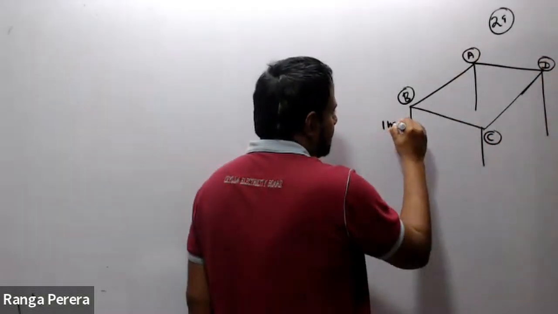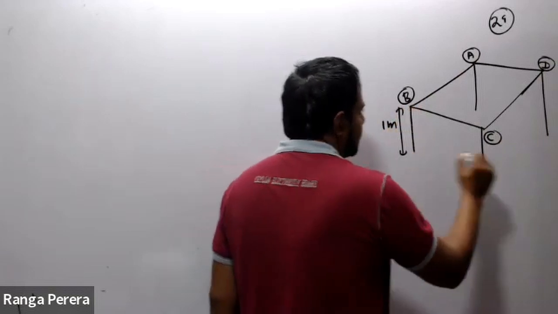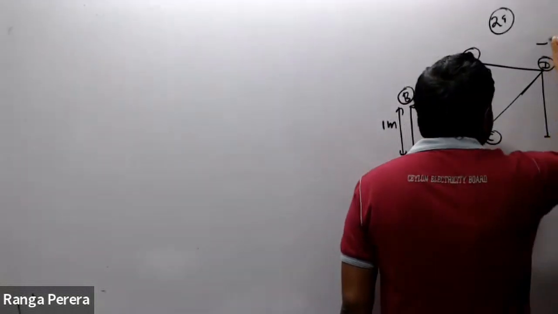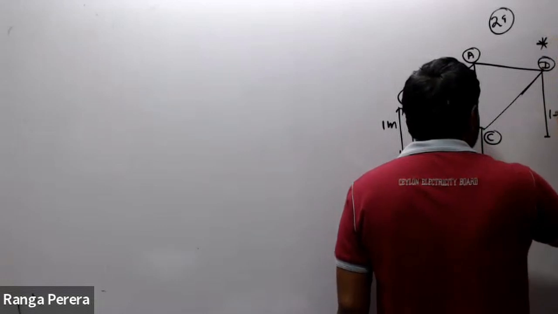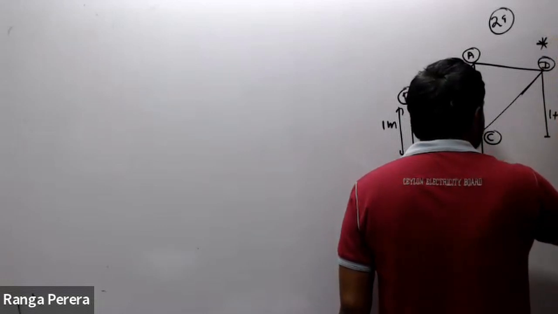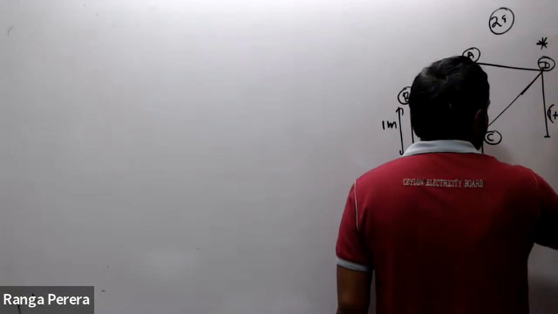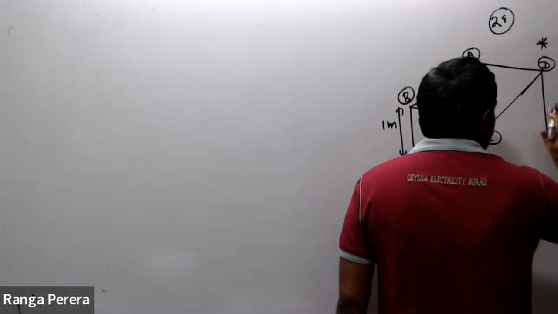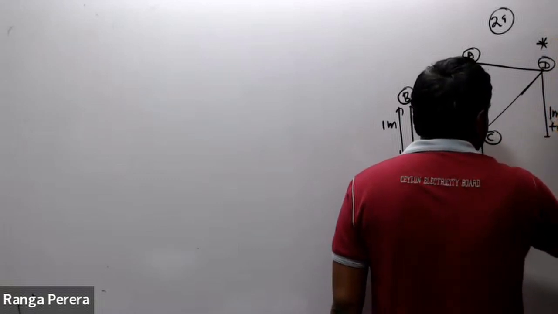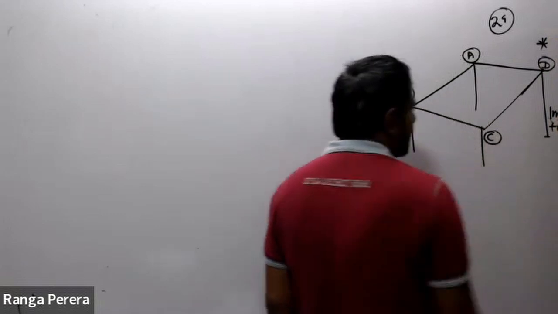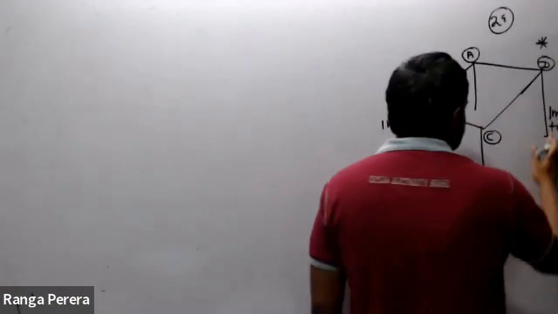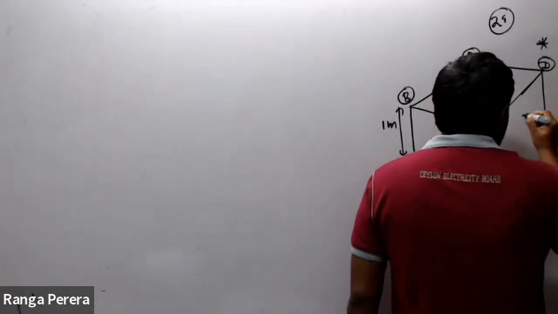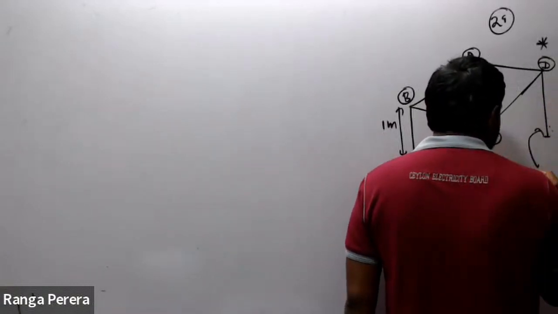One leg is 1 meter long, and there is a small difference in one of them, which I marked with a star. It is 1 meter plus 0.1 millimeter long.